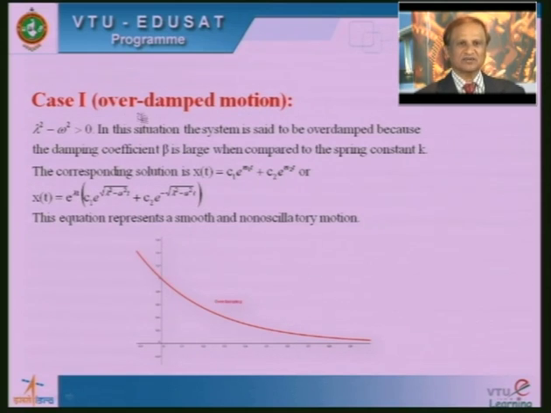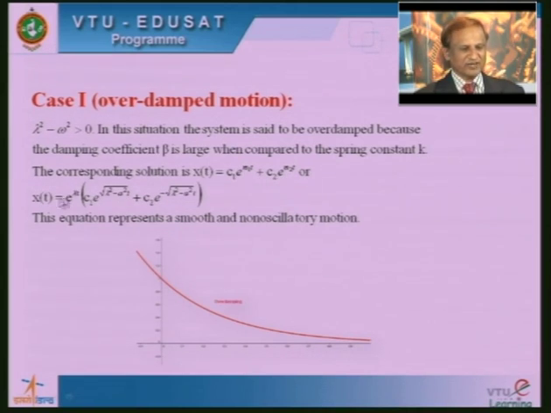Mathematically, we know that in this case we will get two real and different roots, namely m1 and m2.